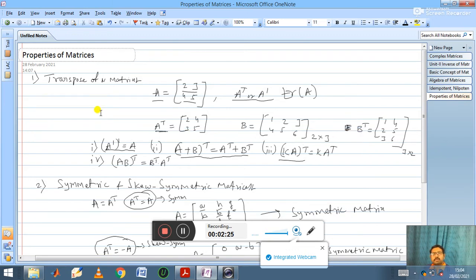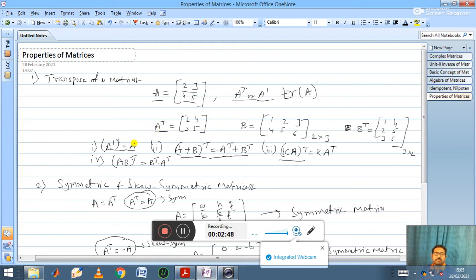We have some basic properties of transpose of a matrix. First property: A transpose whole transpose equals A. When you take the transpose of the matrix and apply the transpose one more time, you get the same matrix.